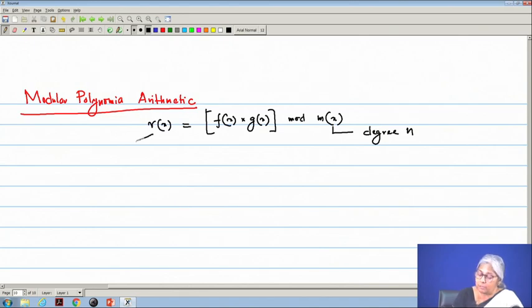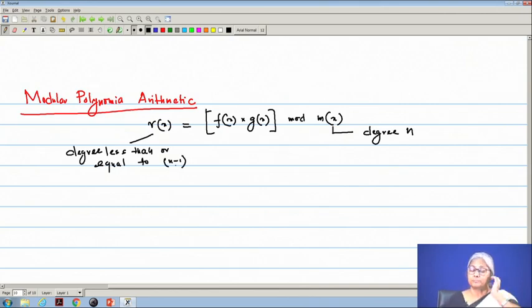So, r x must have degree less than or equal to n minus 1.